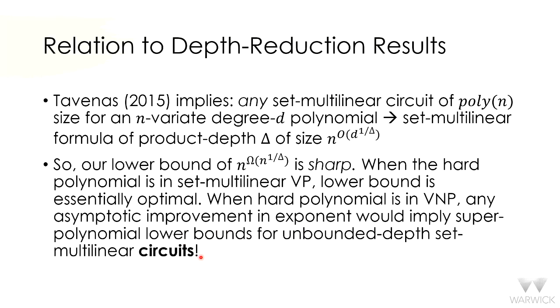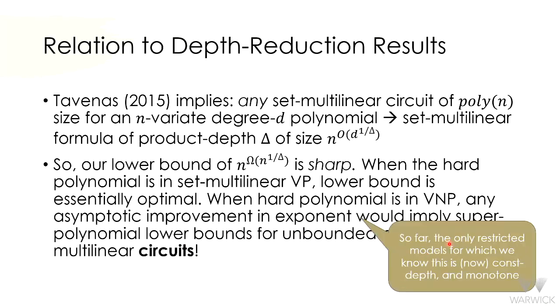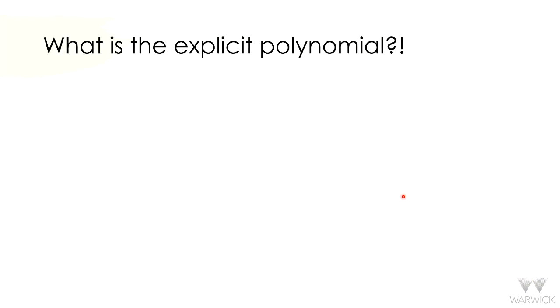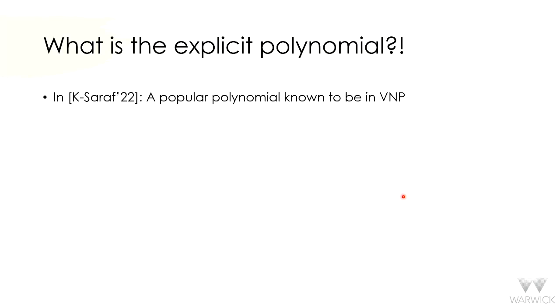So we get circuit lower bounds in some restricted setting if we're able to improve these lower bounds, even a tiny bit. And so far in the algebraic world, the only restrictions for which we know circuit lower bounds are, of course, constant depth, again due to work of LST, and the monotone setting, which I'm not going to talk about. But all right, so finally, what are these explicit polynomials in our work?